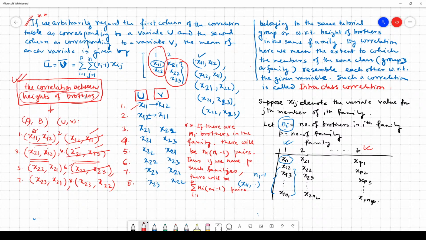In that way we convert this whole data set into two variables. Now we are ready to apply the correlation coefficient formula, which I already discussed.